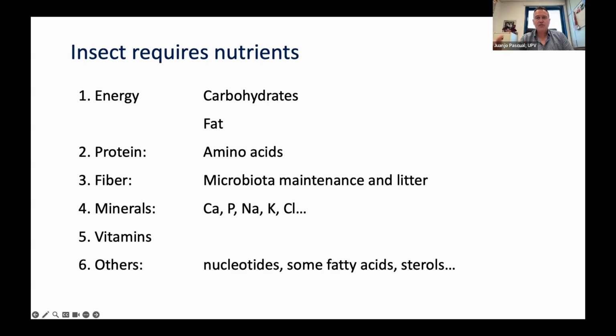And these sugars are transported to the cells where they are oxidized to generate ATP, our cellular energy currency. But energy also comes from fats, which can be converted into acetyl coenzyme A through beta oxidation, and this is all converted into ATP in the Krebs cycle.